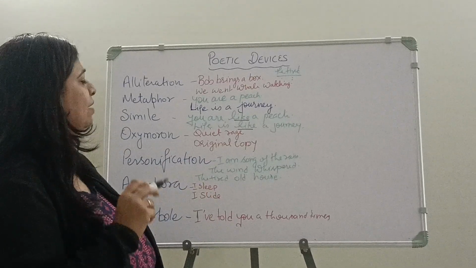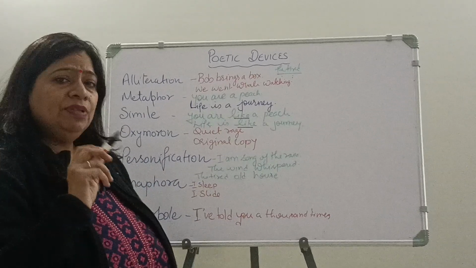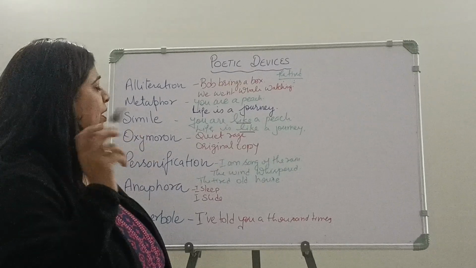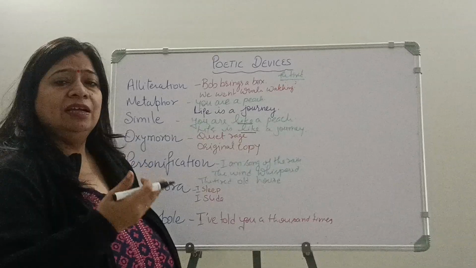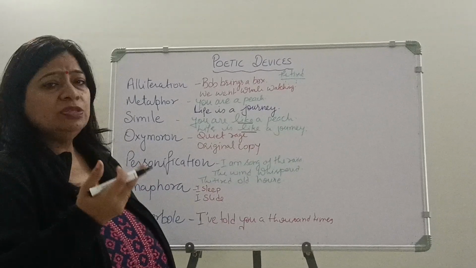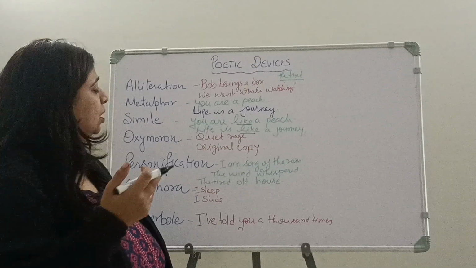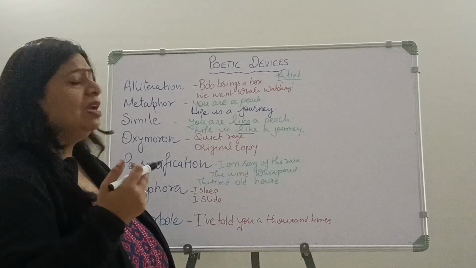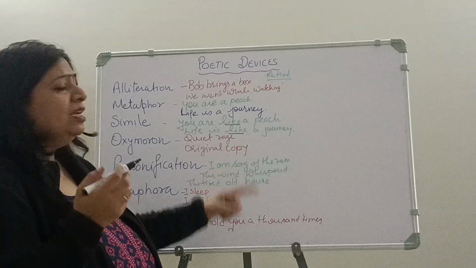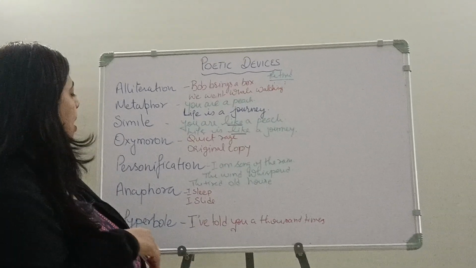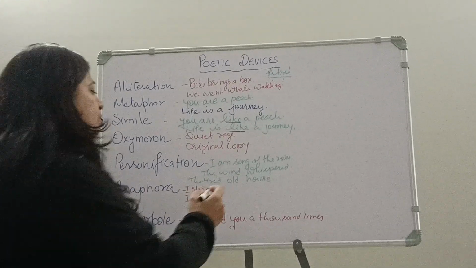In class 9th we have Song of the Rain. In the Song of the Rain, I am Song of the Rain. So Song of the Rain is something that is telling itself. So usually it doesn't happen. So the qualities of human beings are given to Song of the Rain. Here we have personification.